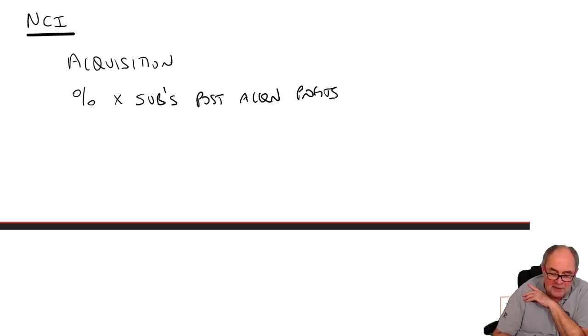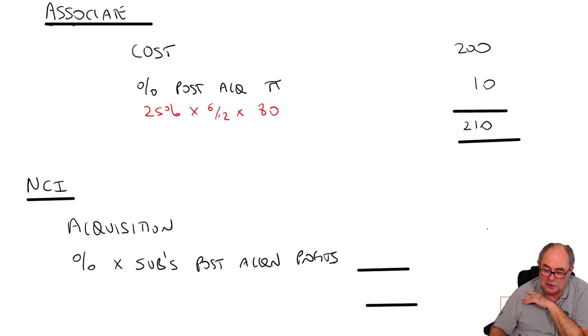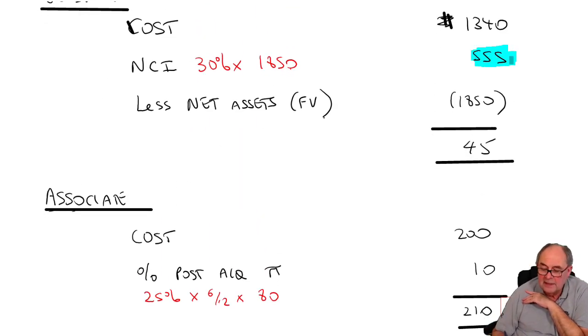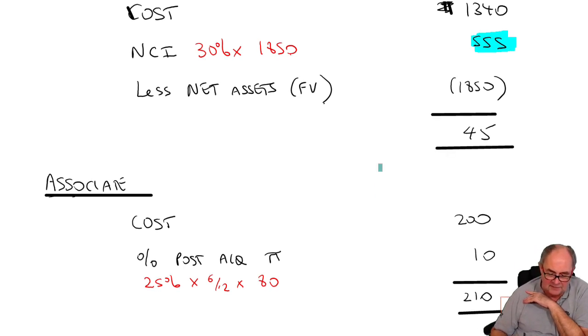There's no reference to any impairment, but that's what we're trying to get towards, isn't it? You can see the net assets acquisition, the NCI acquisition, back here in the goodwill working. It was 555.